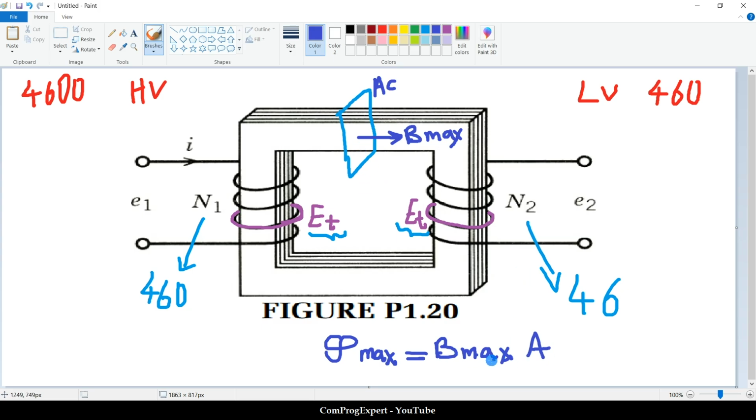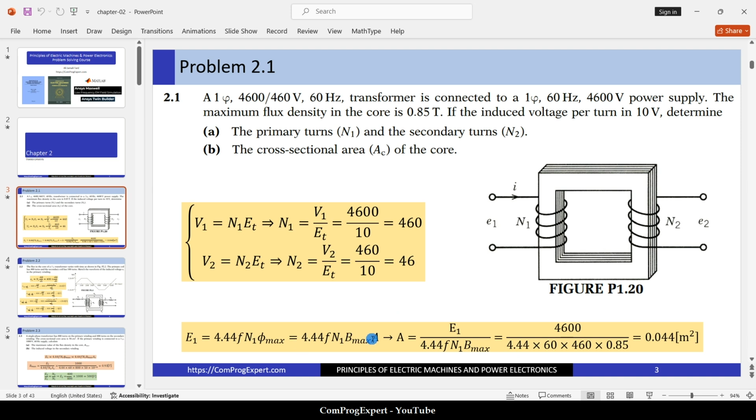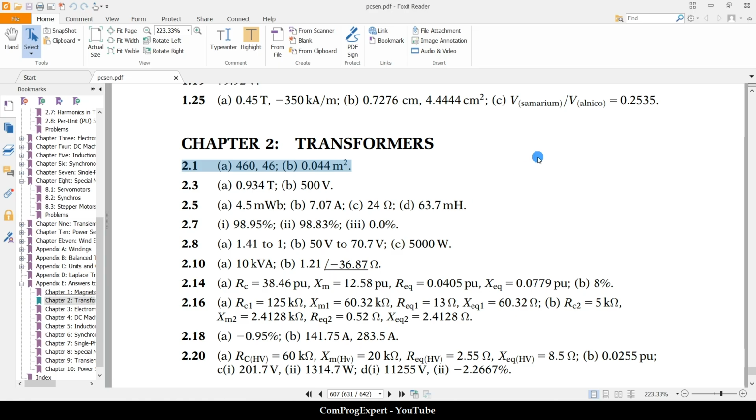So if we replace this expression instead of phi max, we can calculate the cross-sectional area of the core using this equation. If you replace the numbers, as you can see, the cross-sectional area will be equal to 0.044 meter square.